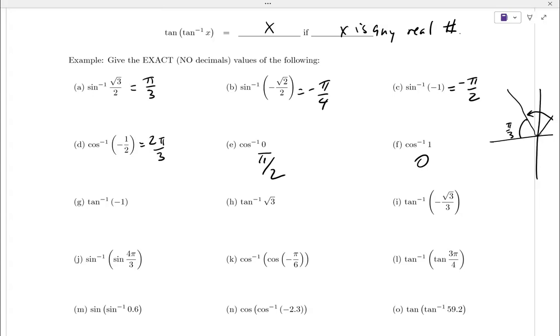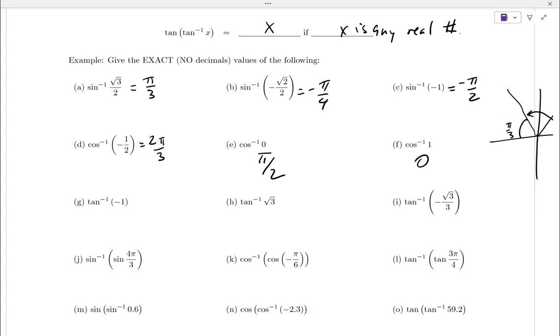Tangent is 1 and 4 again, right? Inverse sine and inverse tangent, their answers will always be between negative pi over 2 and pi over 2. Okay? Cosine is the one that's between 0 and pi. Cosine's got a weird one.